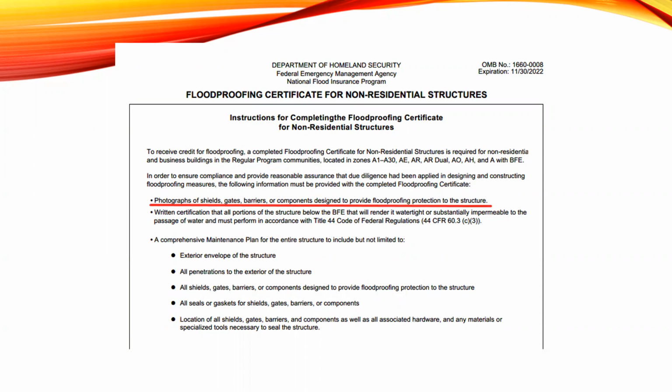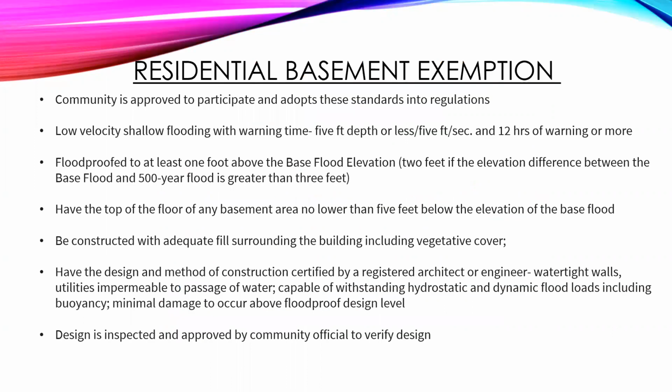They also have to provide photographs of all of these different measures, and then it goes into a bit more detail on that. So that is kind of the synopsis of dry floodproofing. Again, you probably won't work with it, but if someone asks you about it, you can give them this information, which I'm sure will deter them. Again, I have not seen anyone do this as of yet, and I've been here about 3 years.